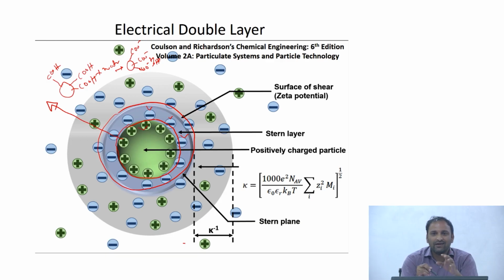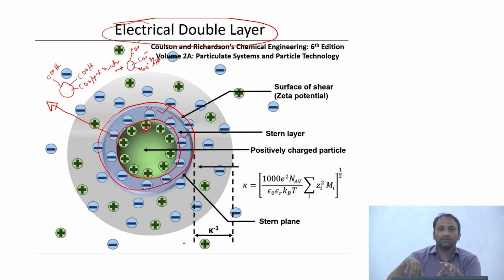So in a way I have a picture of a charge that belongs to the particle surface and a charge that is in the solution. This is what is called the electrical double layer. The charges on the particle surface constitute one type of charged surface, and there's a charged layer surrounding the particle, and this combination is the electrical double layer.